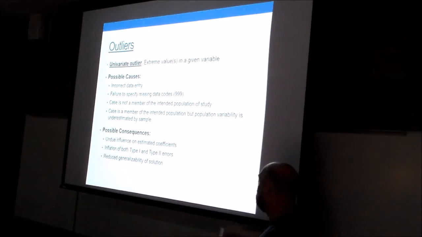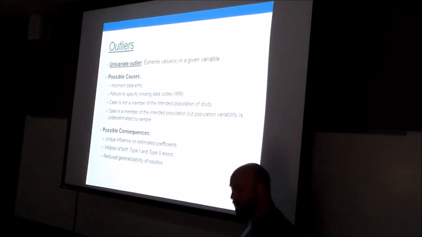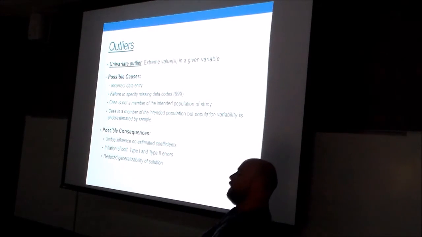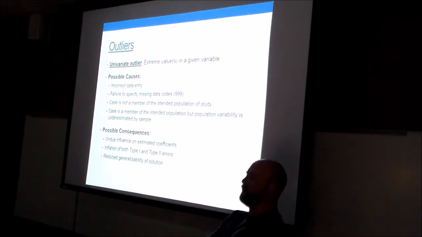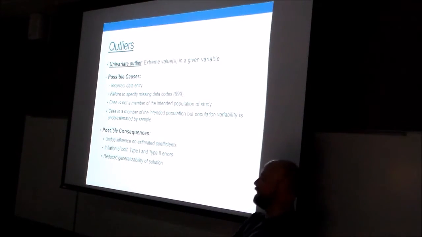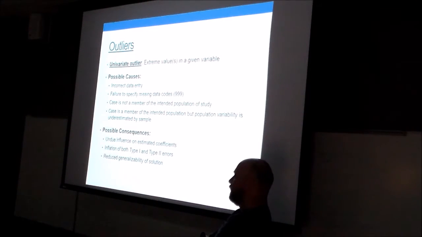Or maybe the case is a member of the intended population, but my sample is underestimated. Say I'm interested in the relation of nutrition across different countries, so I'm looking at undergraduates in different countries, but I've got limited resources and I'm getting samples of 20, and I catch a basketball player in my sample.